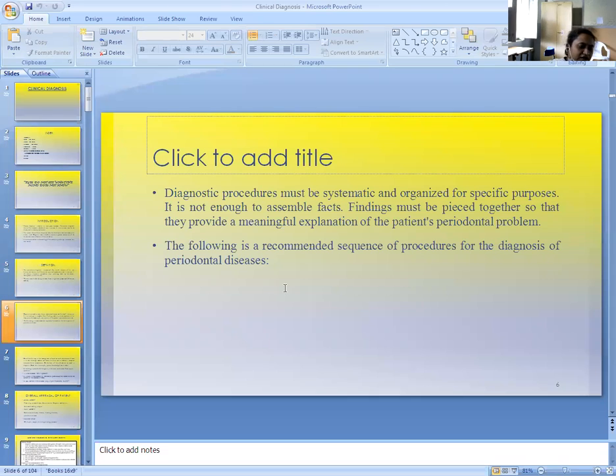Other than that, history of present illness is there. You should identify your patient properly, and for that purpose name is important.